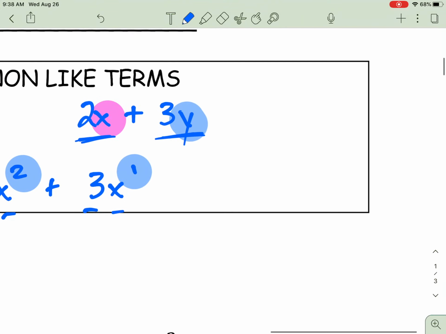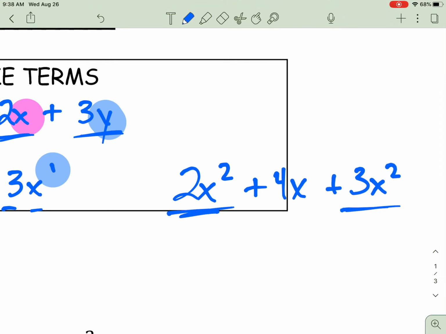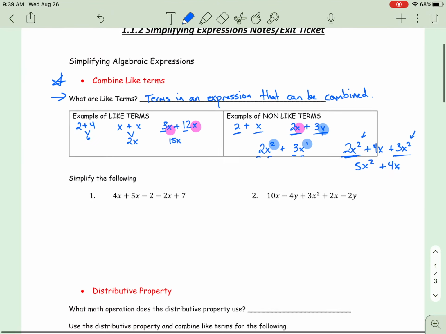But sometimes you'll have 2x squared plus 4x plus maybe 3x squared. Now you can combine the ones that are similar. The coefficients can be different, but they both have an x, and they both have the same exponent. So 2x squared plus 3x squared is 5x squared, and then 4x is by itself. So that's an example of like and non-like terms.